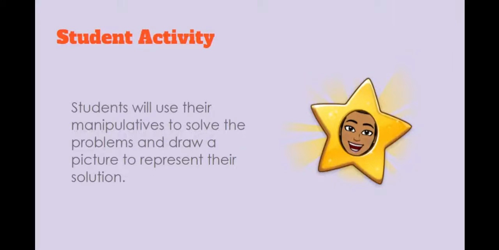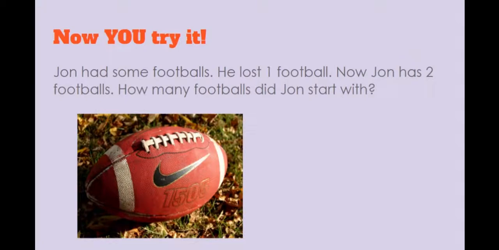For your activity today, you're going to use your manipulatives to solve the problems and draw a picture to represent your answer. So I'm going to read the next story problem that I would like for you to practice and solve on your own. This one says, John had some footballs.